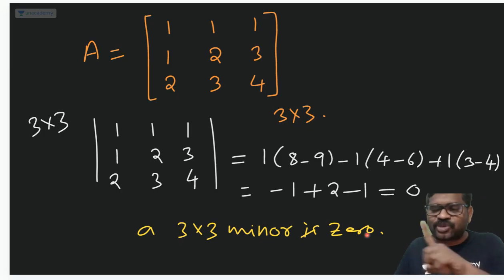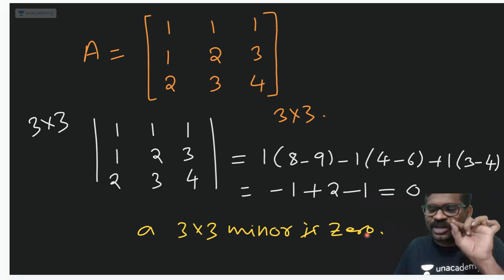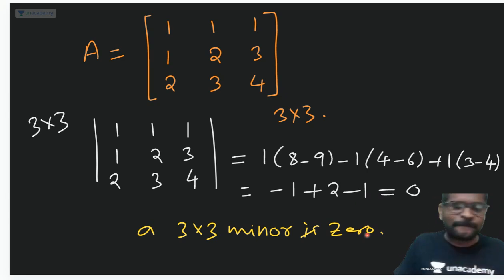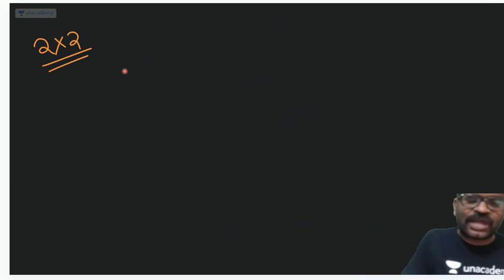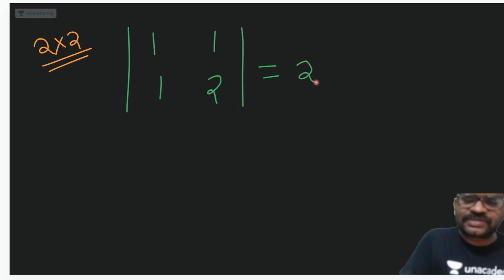You need not check all 9. You have to check 1. If at least one 2 cross 2 is non-zero, the rank would be 2. Okay? Now verify 2 cross 2: 1 1, 1 2. That is 2 minus 1, which is 1, non-zero.